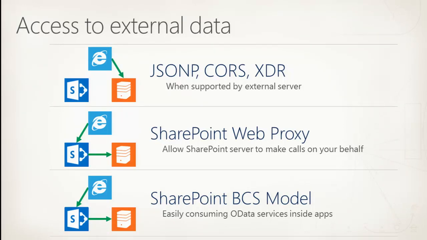If you're familiar with Business Connectivity Services, what we've done this time is scope them at the app level, and each app is going to be able to consume its own connections. The Business Connectivity Service runtime is then going to create the external content types, limited just to the app. And then an OData connection is going to be used to connect the app to that external service.